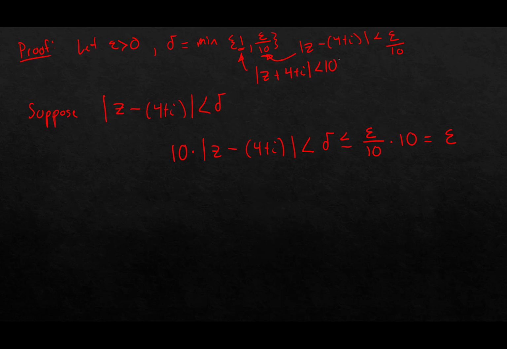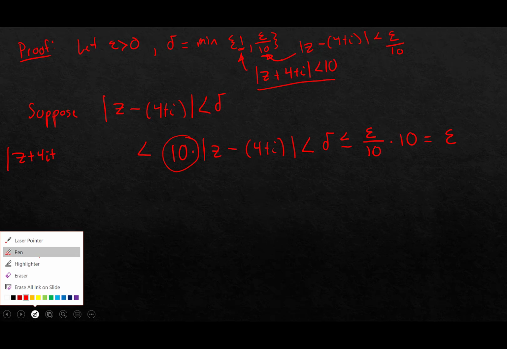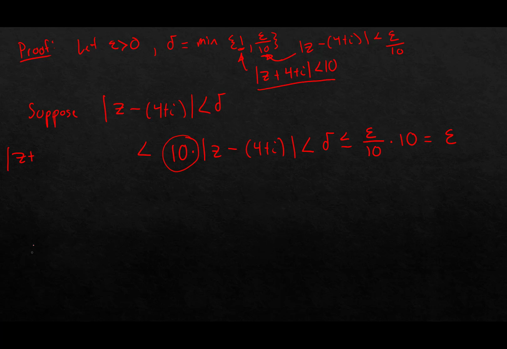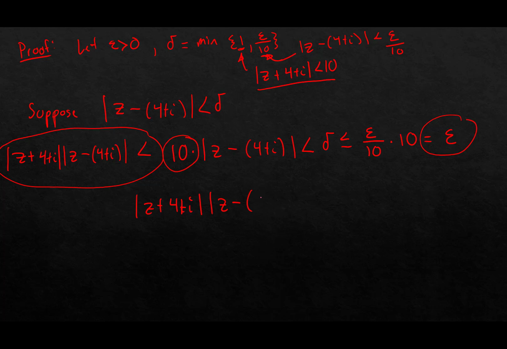Well, remember that since we're picking delta to be less than 1, we know that the distance between z and negative 4 minus I is less than 10, so on the other hand, this is greater than the absolute value of z plus 4 plus I, times the absolute value of z minus 4 plus I. Okay, and now combining these parts together, we have that the absolute value of z plus 4 plus I times the absolute value of z minus 4 plus I is less than epsilon.